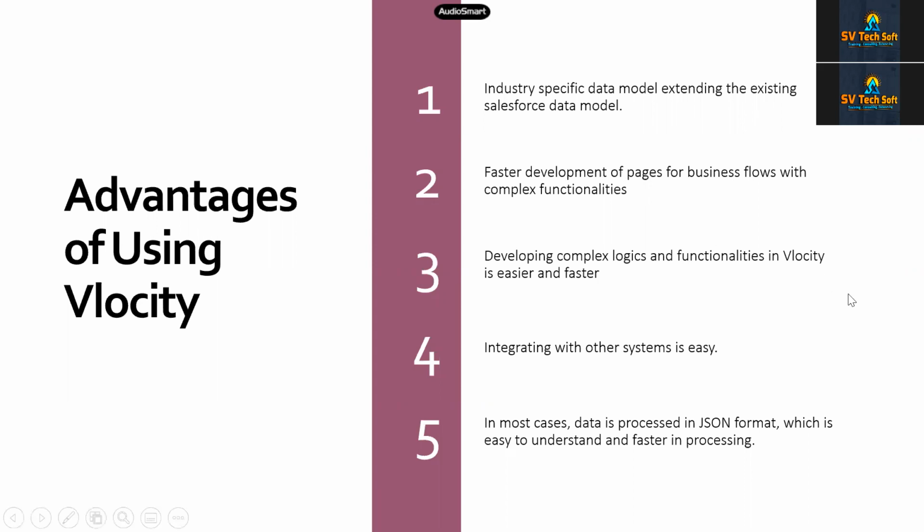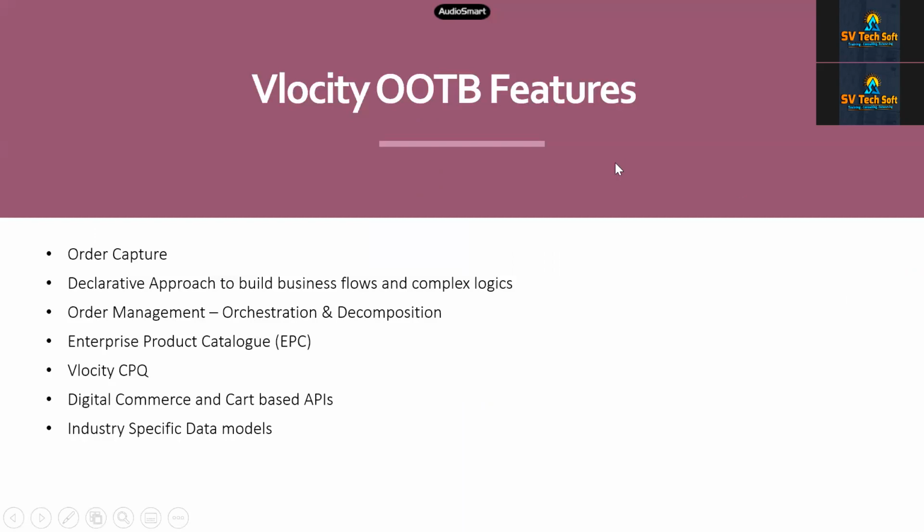So now, looking at certain out-of-the-box features provided by Velocity, this training is going to be especially in the telecom domain, so we are going to concentrate majorly on the telecom side. One of the major things you would always find in telecom, and generally in any e-commerce platform, is two different concepts called order capture and order management.